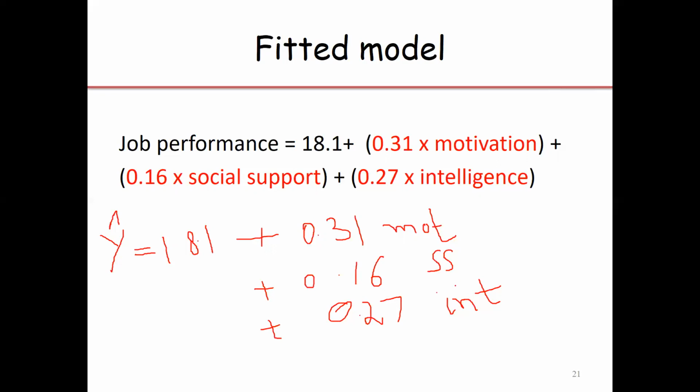And a 1 level increase in intelligence will give a 0.27 increase in job performance. These are the explanations of the model parameters, the betas.